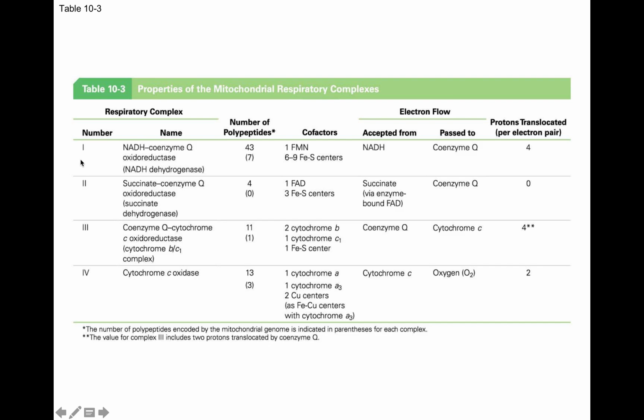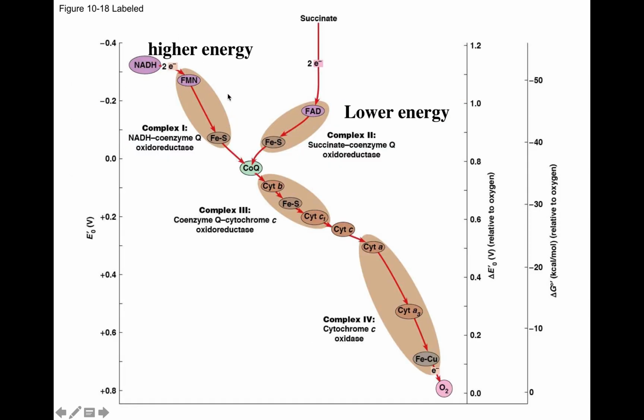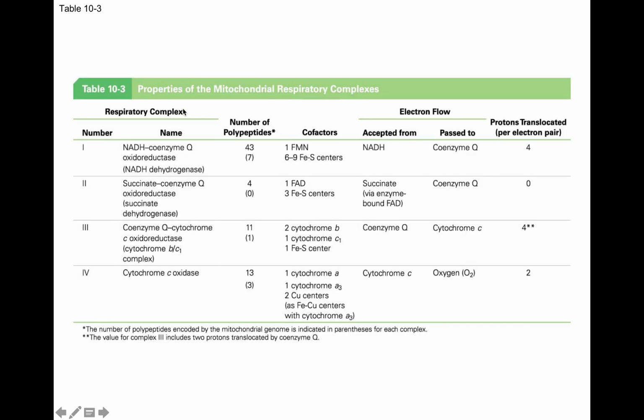At complex 1, as you're passing off those electrons, the electrons are losing energy as they get passed down these electron carriers, and that energy is used to move 4 protons across into the intermembrane space.